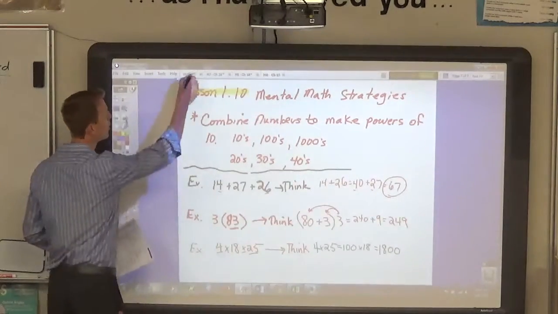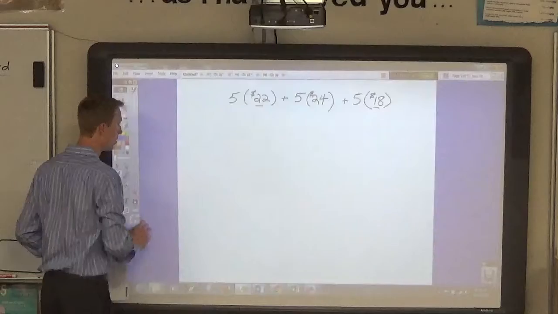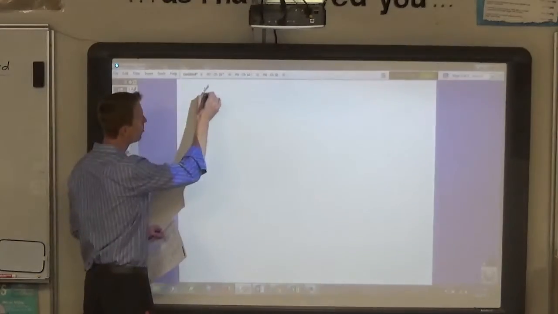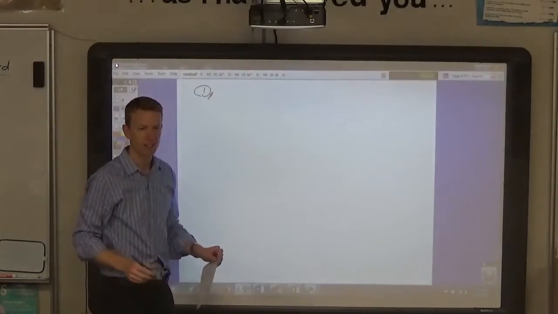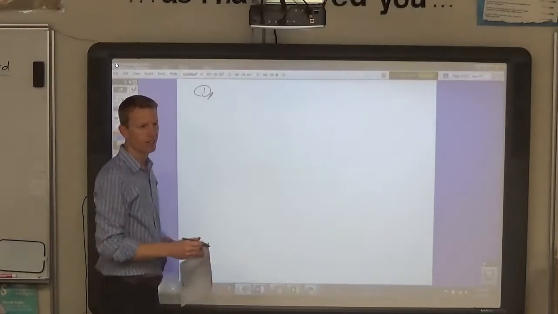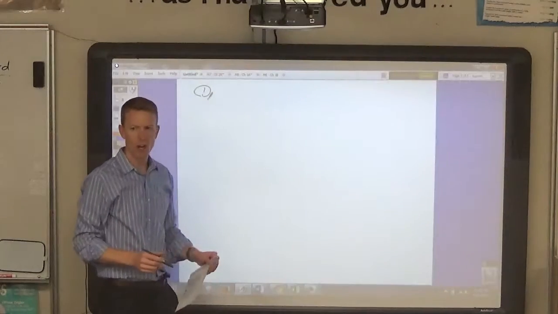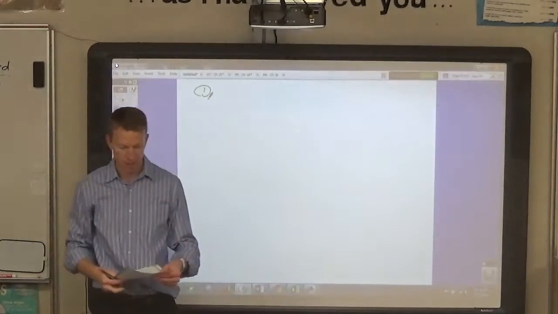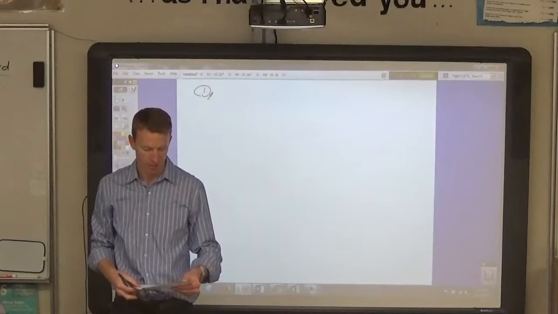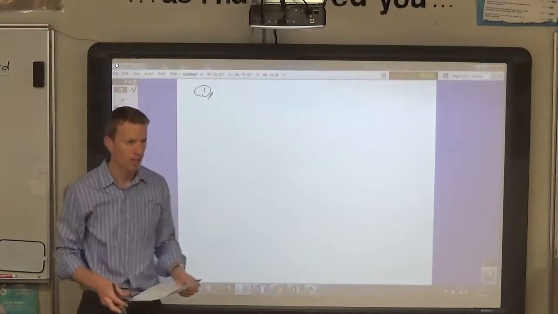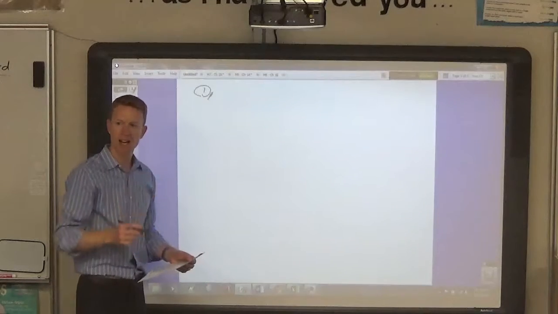I'm going to give you some hints to write down. In the first one, number 1, remember exponents. What do exponents do? Multiply the base times itself.